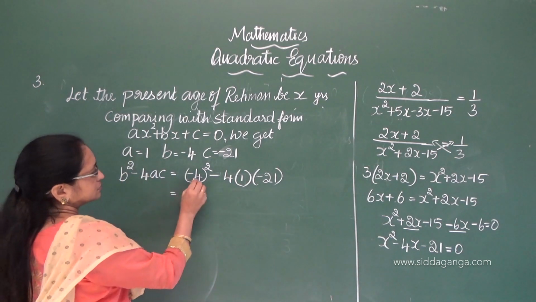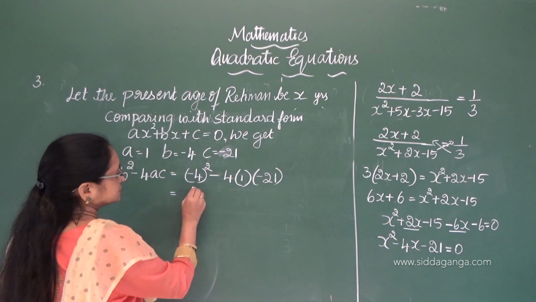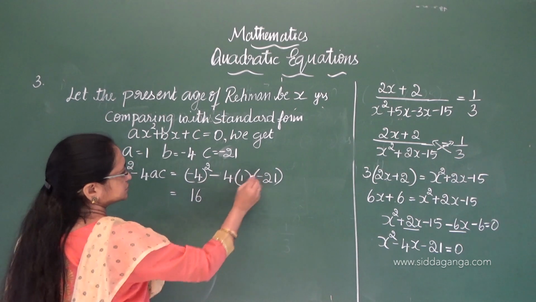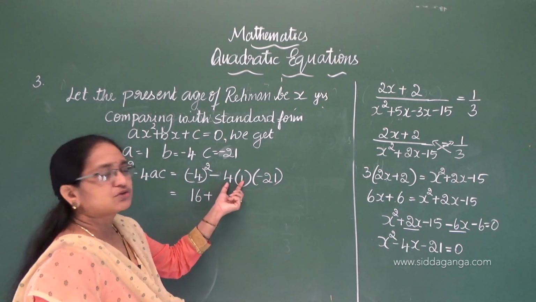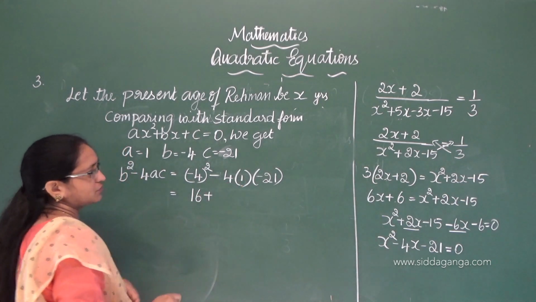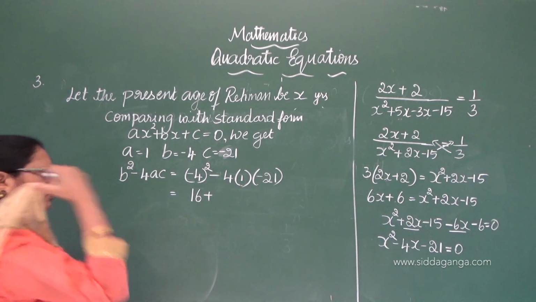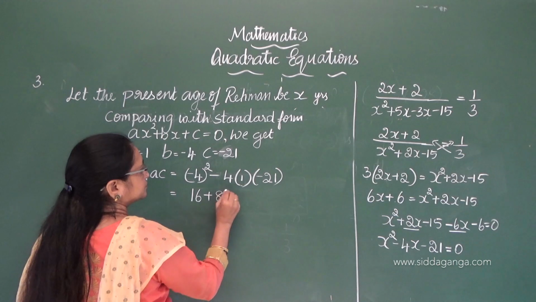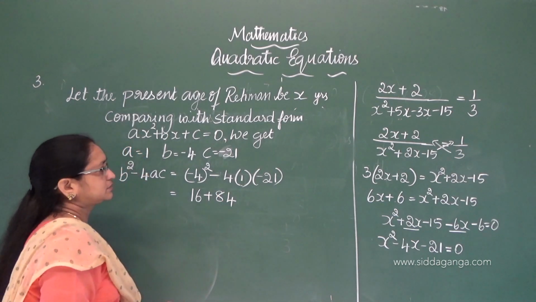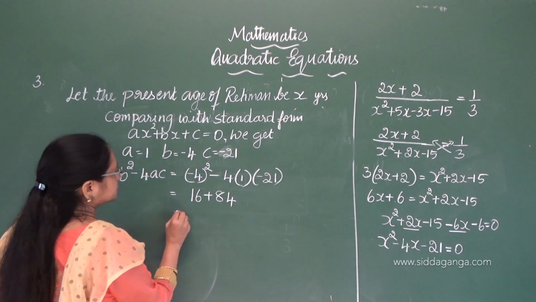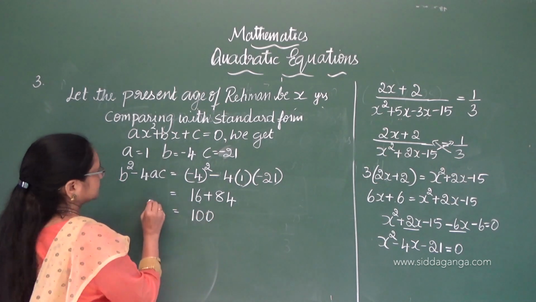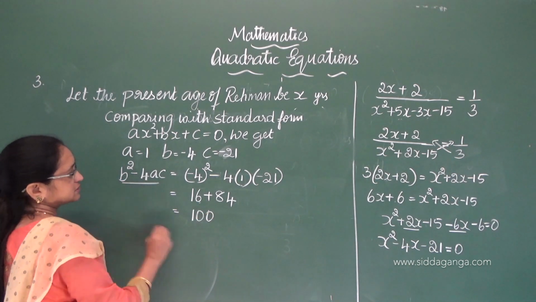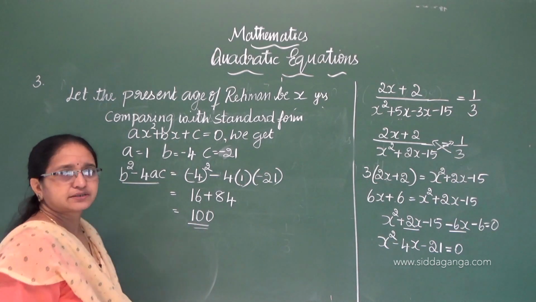So 4 4s are 16, minus into minus plus, 21 into 4, you all know, it is 84. So this will become 100. So b square minus 4ac we got 100.